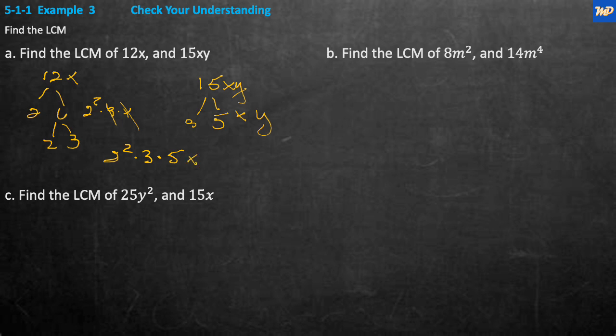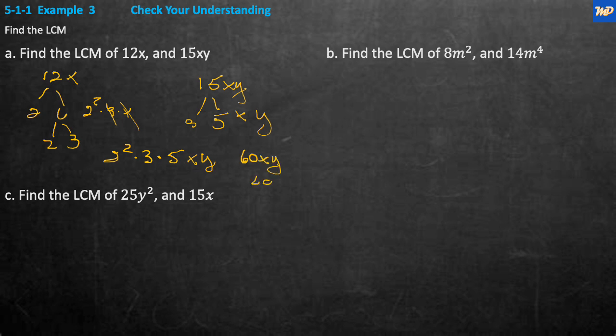There's only a single power on x, so it's x, y. So what do we get here? We get 4 times 3 is 12, times 5 is 60, x, y. So the answer here would be 60xy.